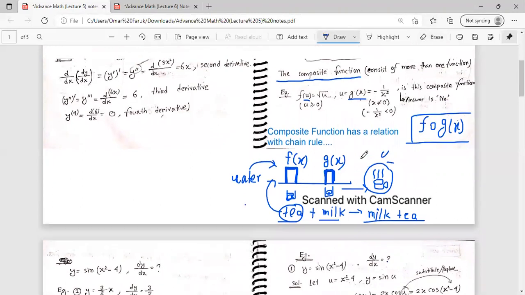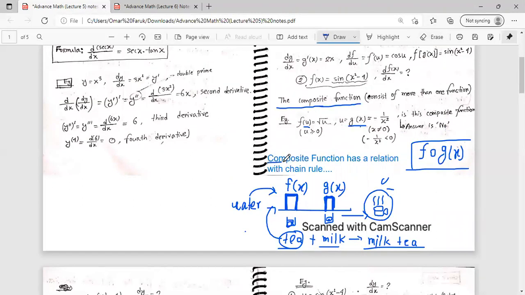So let me tell you again. Composite function is a function that is made up of two functions. Firstly, here is f of x, and here is g of x. So f of x is like water. We input tea in the water, and then we mix. Then it becomes tea, and then we mix milk, and it becomes milk tea.